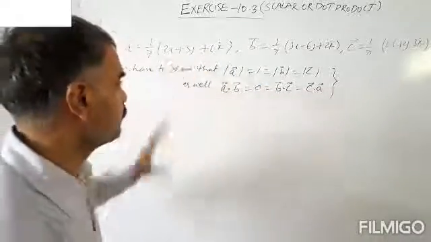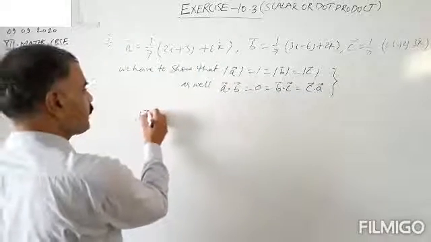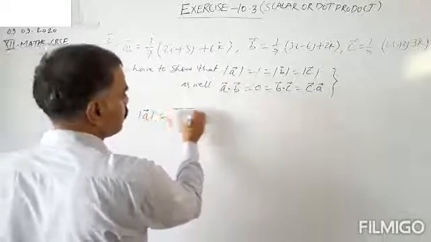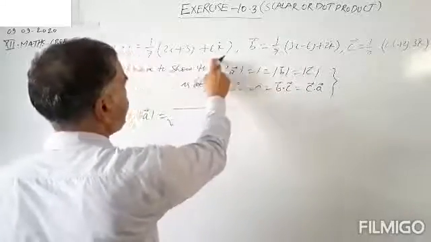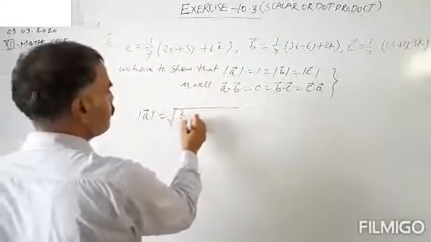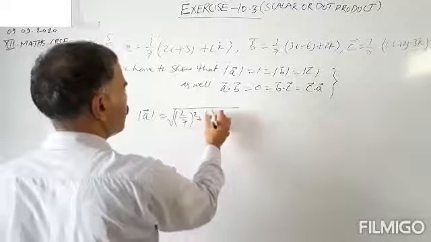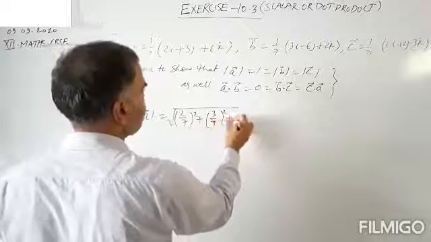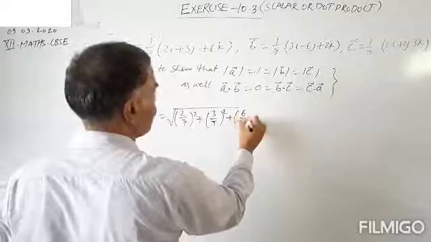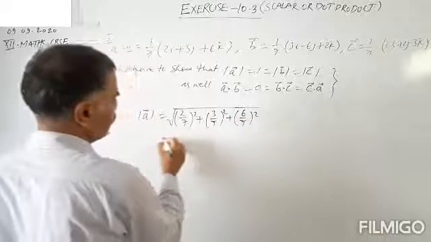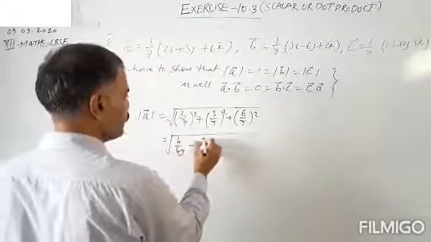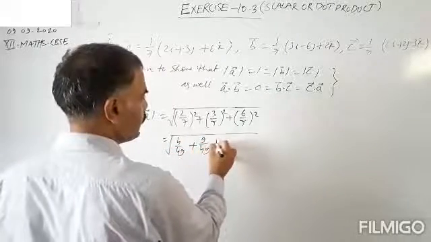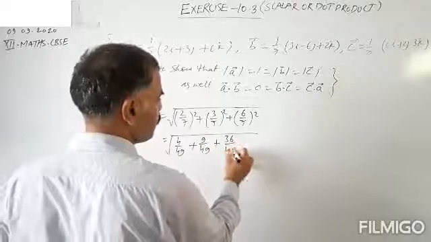So we will show magnitude of A vector equals under root of (2 upon 7) square plus (3 upon 7) square plus (6 upon 7) square. This equals 4 upon 49 plus 9 upon 49 plus 36 upon 49.